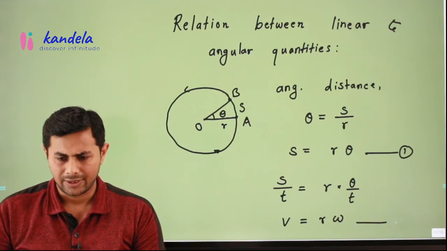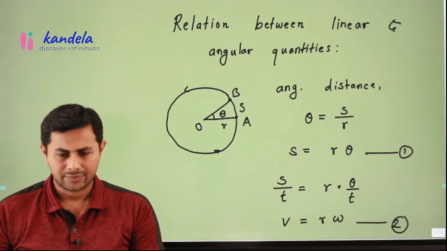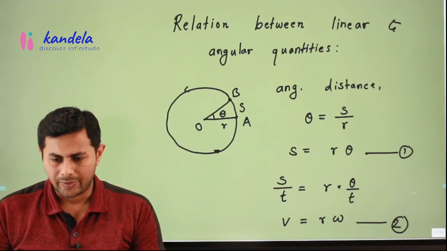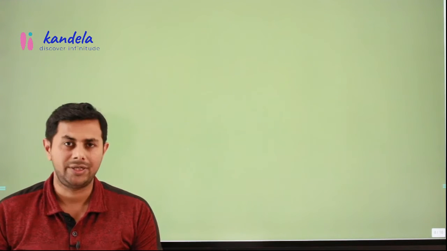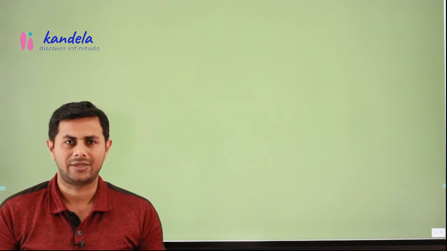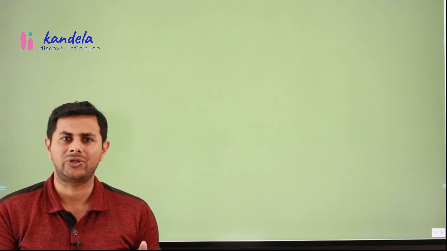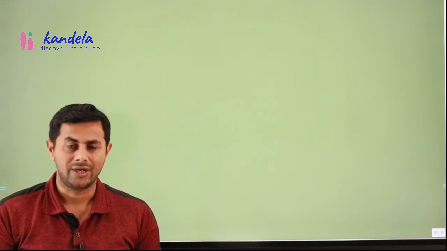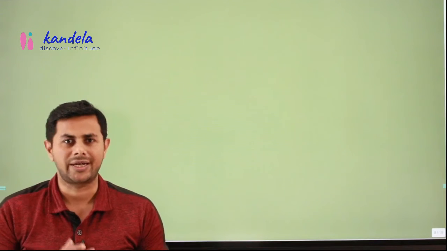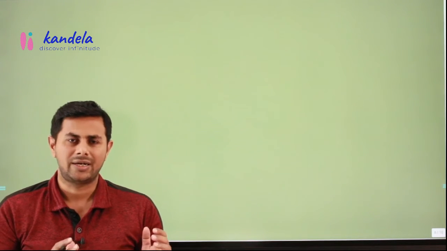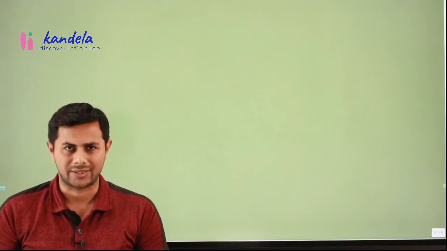All right, and then I will find out the relation between linear acceleration and angular acceleration. But this linear acceleration, I am going to call it tangential acceleration only, and it's because there is another acceleration in circular motion, and that is called centripetal acceleration.